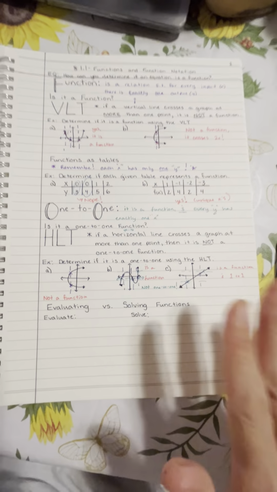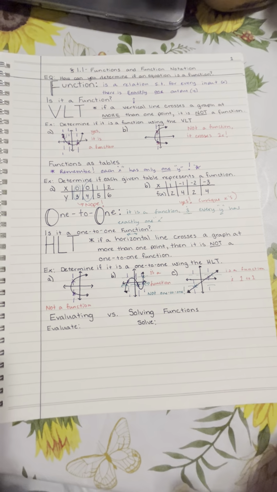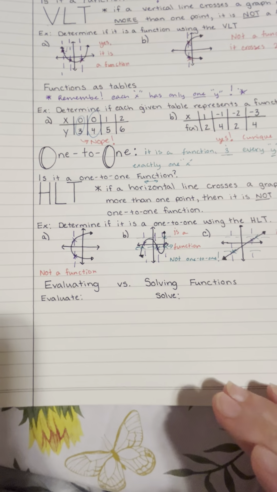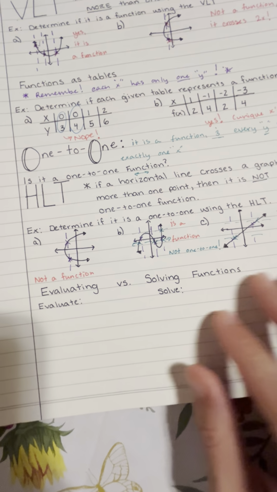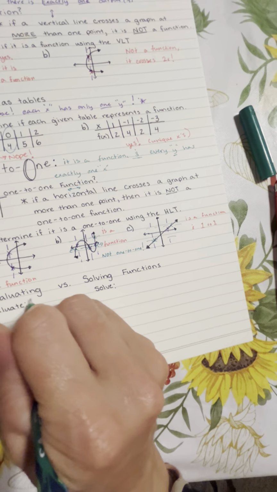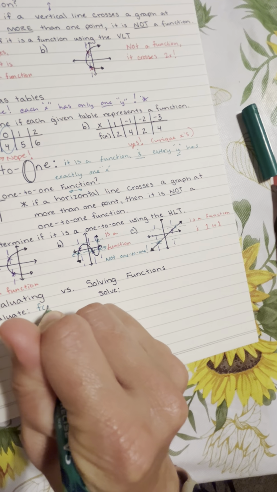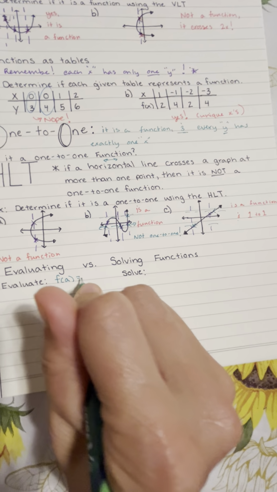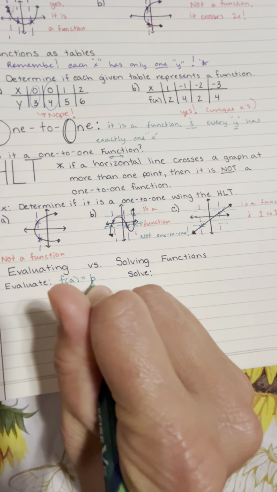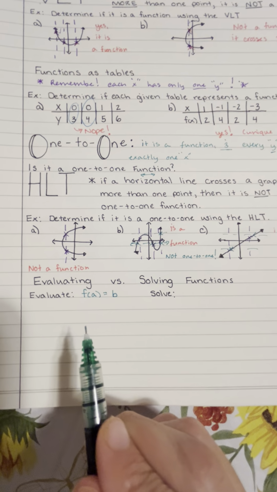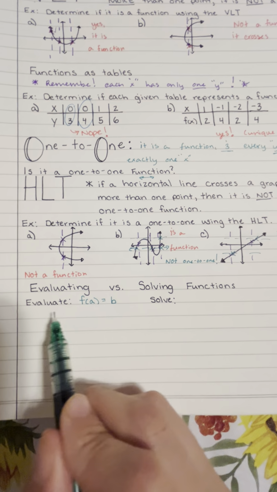Okay, so next part, this part right here has to go with the next function. So we're kind of done talking about the vertical line test, horizontal line test, whether it's a function or 1-to-1. Now we're going to talk about evaluating versus solving. If we're evaluating a function, we're really asking the question, what is f of a? If you're solving for f of a equals b, that's when you are evaluating.